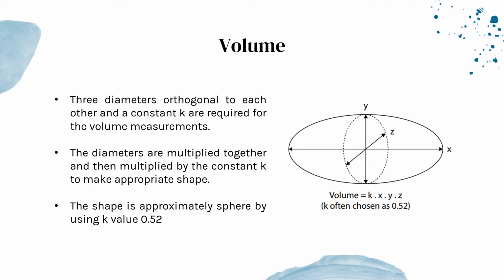To calculate the volume, the diameters are multiplied together and then multiplied by the constant K to make the appropriate shape. This shape is approximately a sphere by using a K value of 0.52.